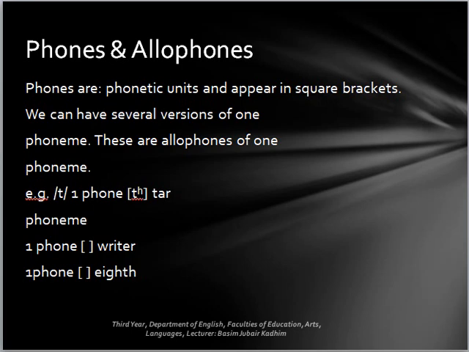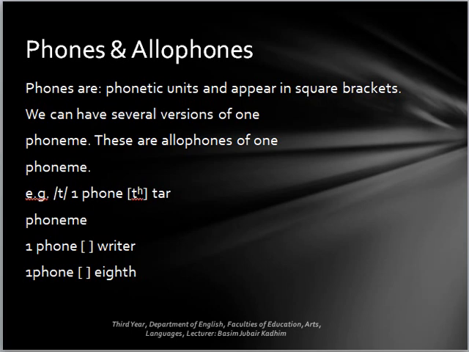These different pronunciations of a given phoneme are called allophones, and each one of these pronunciations is called a phone. Phones, نطق أو صوت. Phones are phonetic units. Of course, they are not phonemic, they are not phonological, they are phonetic units and appear in square brackets, as we just mentioned.